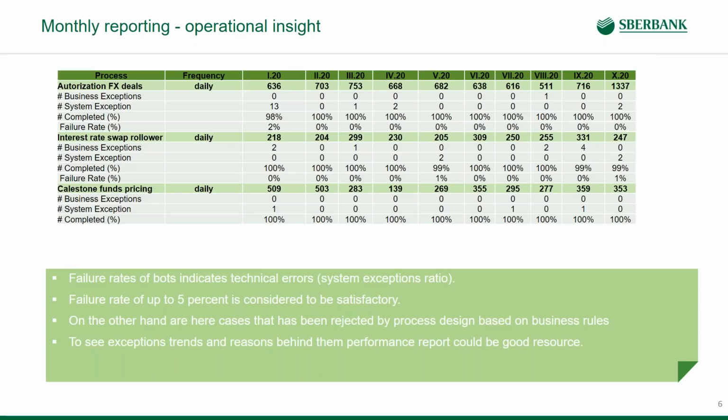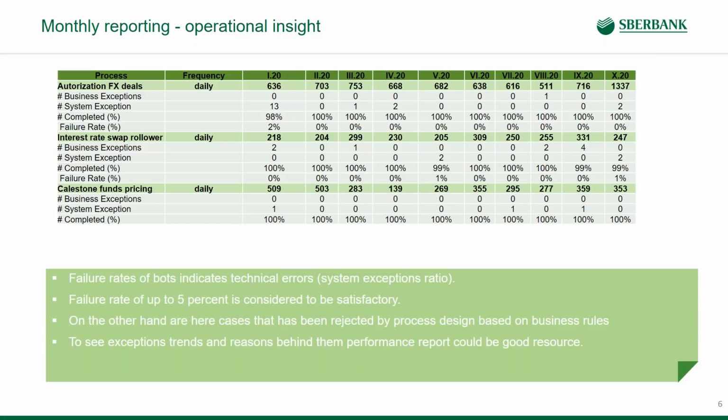We consider a failure rate up to 5% to be satisfactory. Otherwise, it's necessary to work with the business to improve process performance. On the other hand, there are cases that have been rejected by process design based on business process rules and logic, so business exceptions.